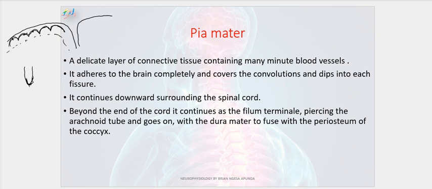And then from there, we'll be having the two coverings of the pia uniting to give us the filum terminale. So this continues to pierce through the arachnoid tube. This is because we saw our arachnoid somehow advancing as something like this.